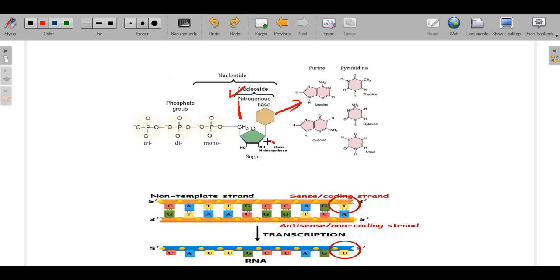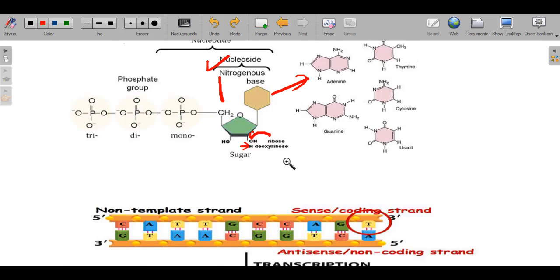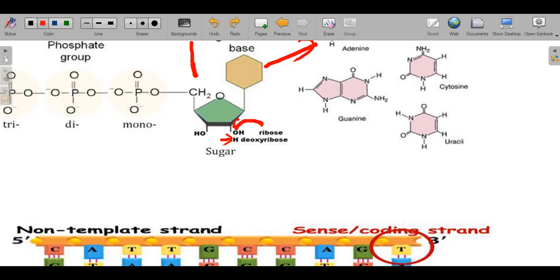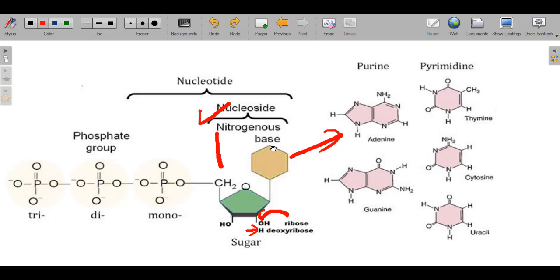Whenever you say ribose, you can see an OH group. When you say deoxyribose, it is an H group. That's why, from the name itself, deoxyribose doesn't have oxygen on it. So it's simple in terms of chemistry. And then you can see two types of nitrogenous bases. The purines are two: adenine and guanine.